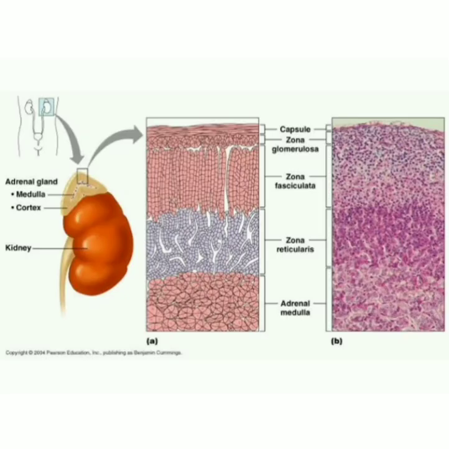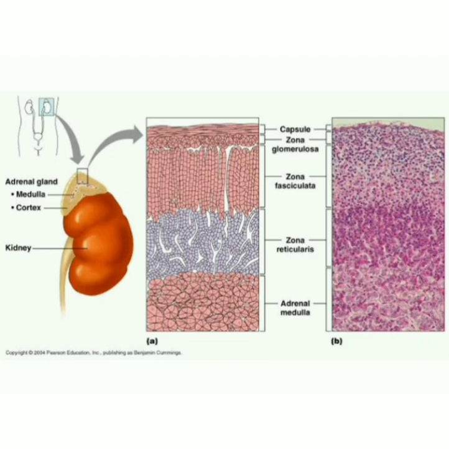Here in this picture, the first one is the suprarenal gland, then the next diagram: figure A shows the histological cell structure, and B shows the microscopic view. It is covered by the capsule, the outermost part is the cortex, and the inner part is the medulla.